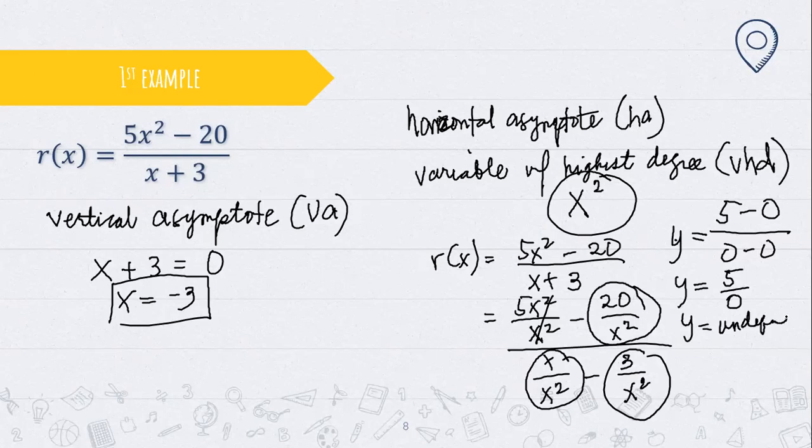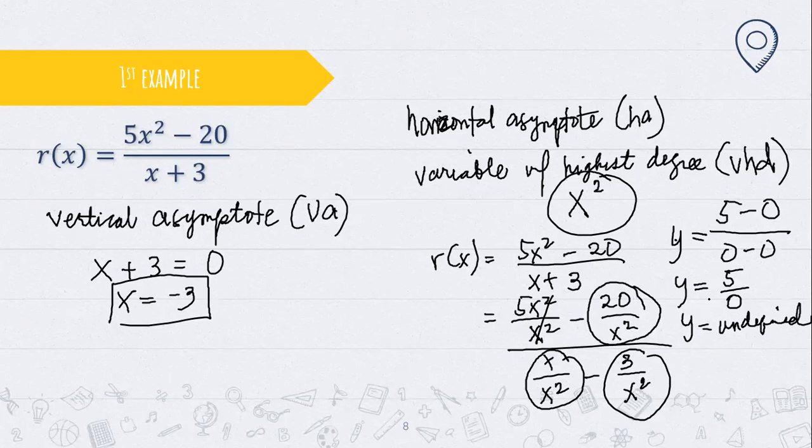That is undefined. Kapag undefined class, ang asymptotes or intercepts natin, x-intercept, y-intercept, vertical asymptote or horizontal asymptote, or kahit pag hindi tayo nakapag-compute ng kahit ano doon, yun po ay wala siya nun.